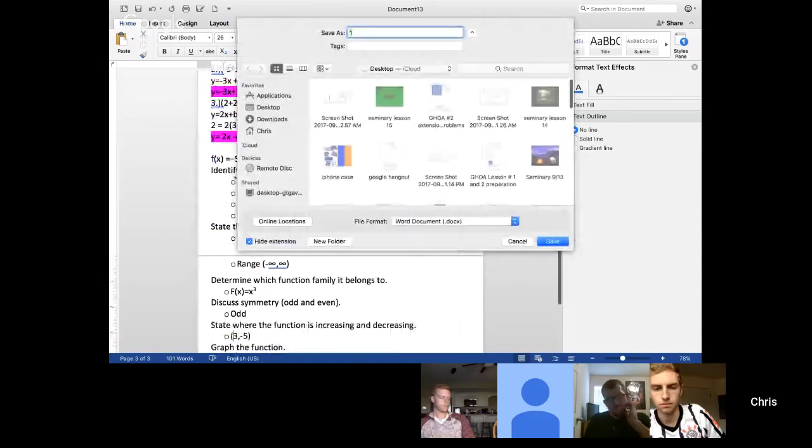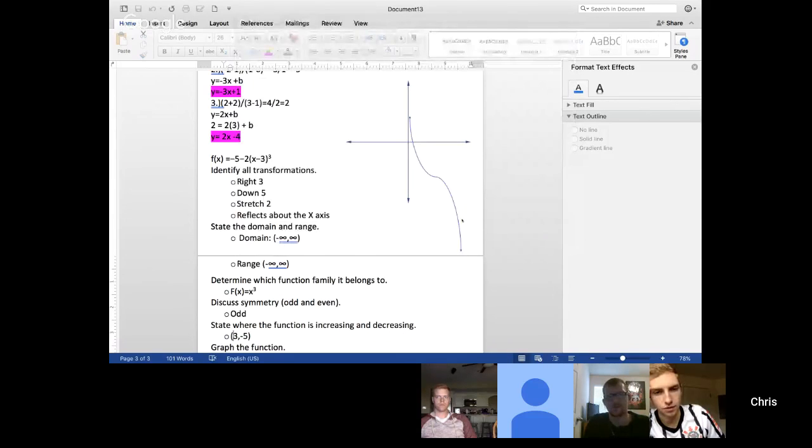Let me just save that. Do we need to specify that last part? State where the function is increasing and decreasing. So 3, -5 is where it switches.